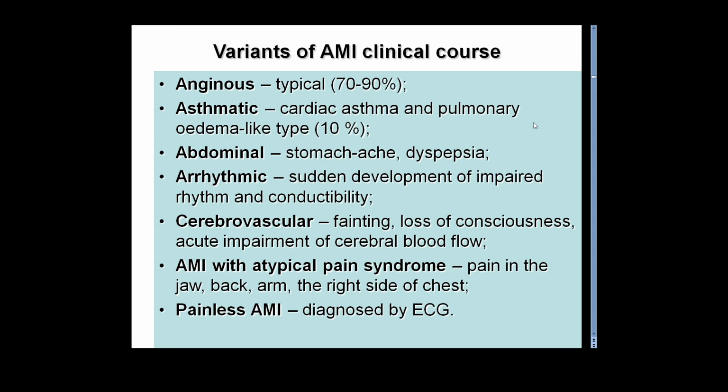In acute MI with atypical pain, the location of pain may be in the jaw, back, arm, or right side of the chest. And painless acute MI, without typical character of pain, is diagnosed by ECG only. The painless variant usually occurs in diabetics.